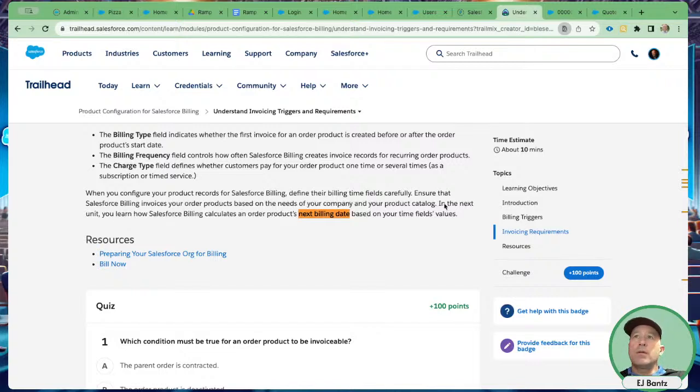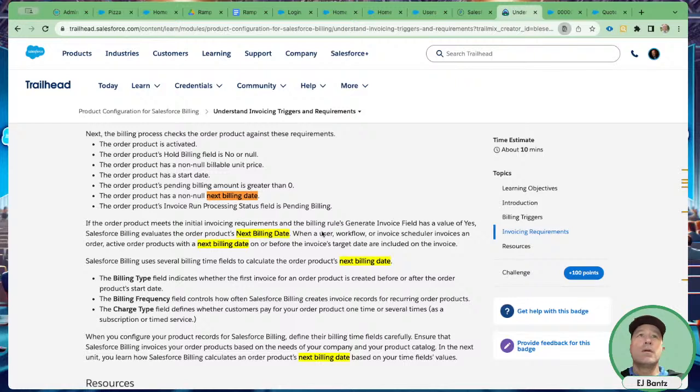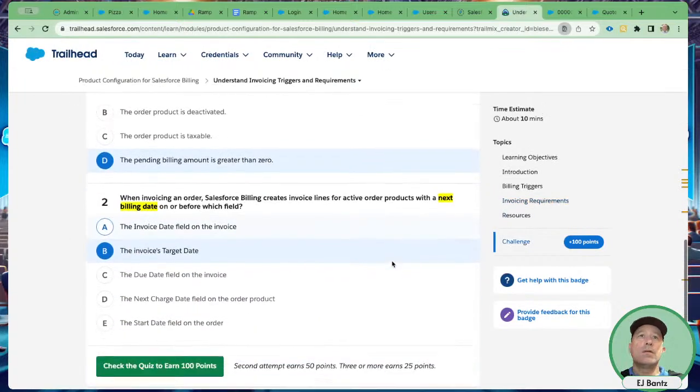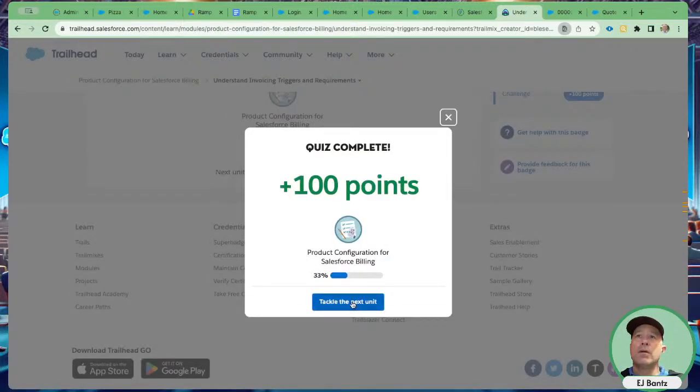In the next unit, you'll learn how to. Yeah. On or before the invoice's target date.